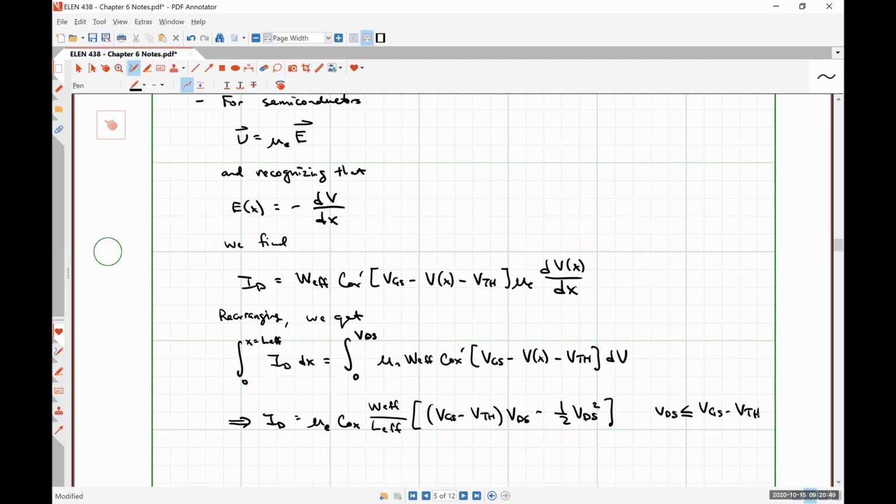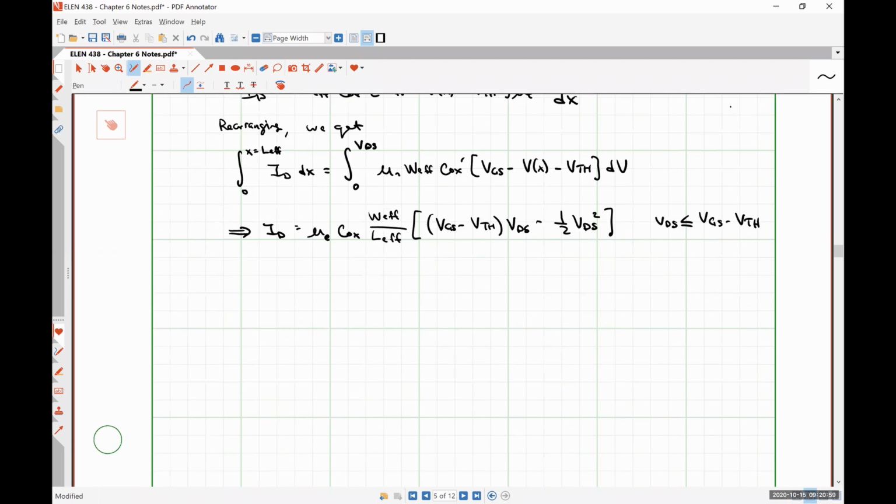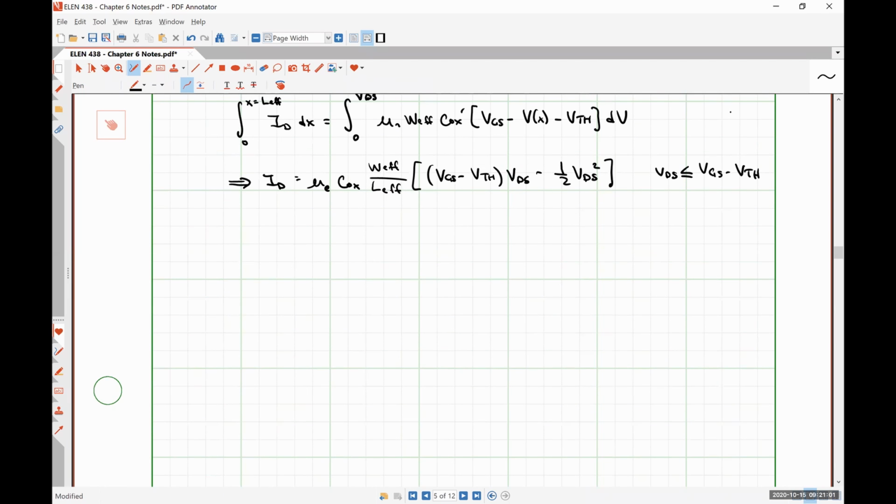So this is the behavior of our transistor in the triode region, right? So if we plotted that function, we would see something like this.